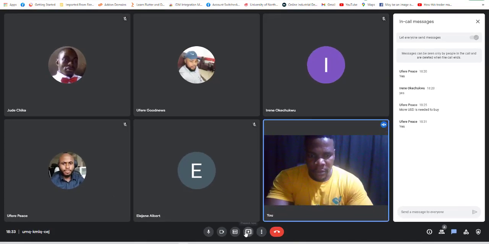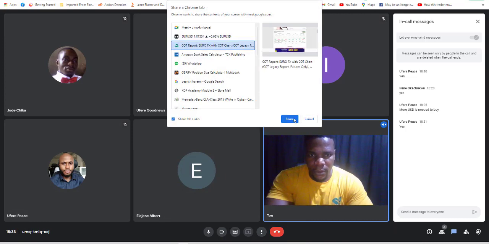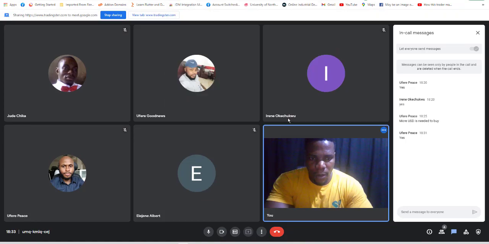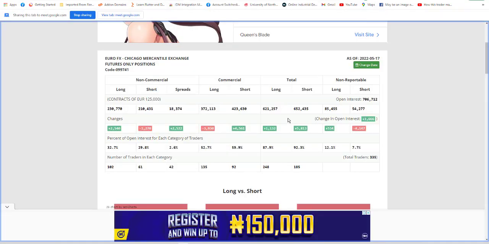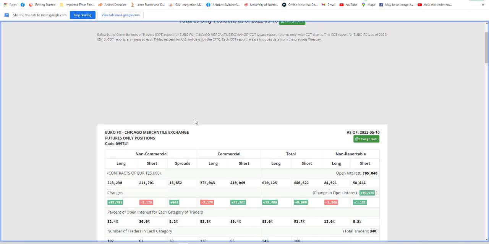Let's go back to the commitment of traders report right now. There we go. Okay. So the week before the 17th is that of 10th, okay? So let's see what 10th says. Boom. So let's check out 10th.